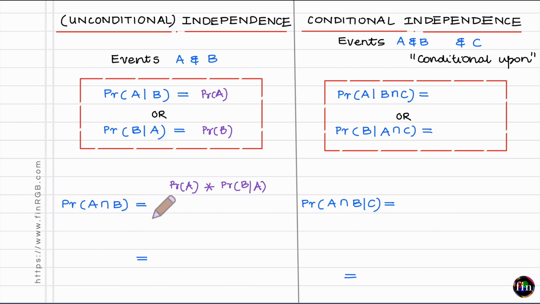Alternatively, I could have written this down as the probability of B times the probability of A given B.